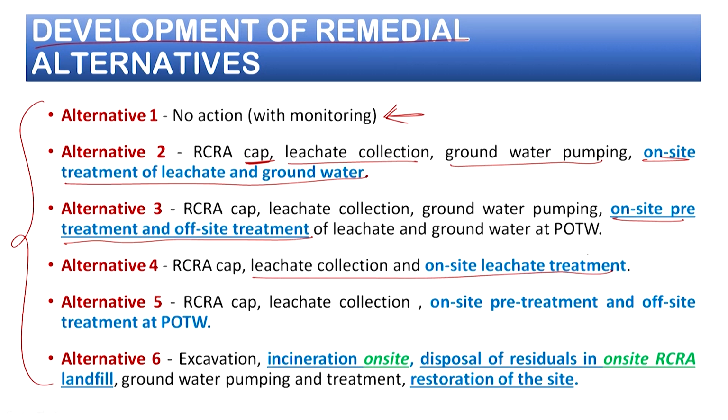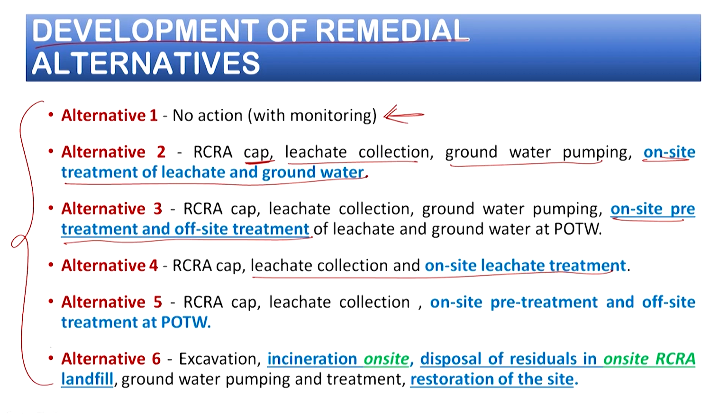As you see here, we are coming up with different alternatives, more or less geared towards pumping the leachate out and then treating it. We are going to look at that in greater detail later on. The other aspect that is relatively unique is incineration on site and disposal of residue on site in a landfill or a hazardous waste landfill, and then groundwater pumping, treatment, and restoration of the site.